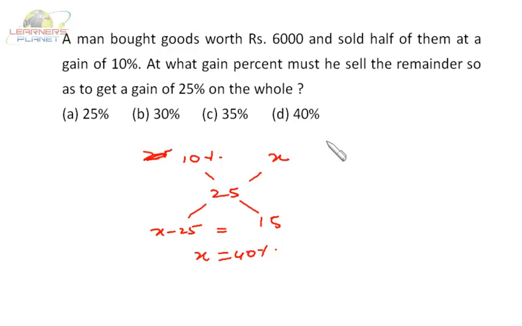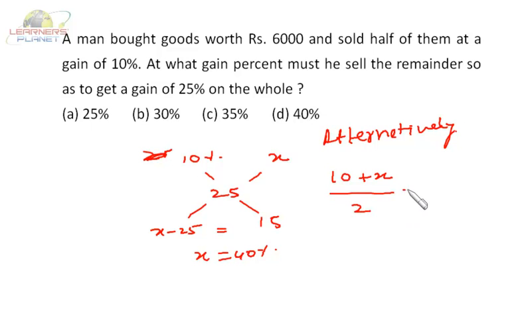Okay, and alternatively, suppose one part is sold at 10%, and one part is sold at X%. Total two parts are there and overall profit is 25%.